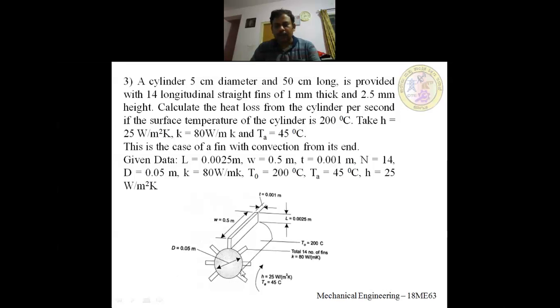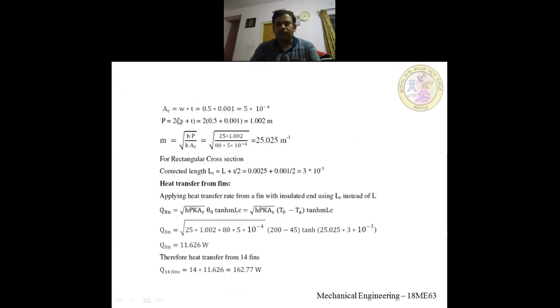Here I have shown very few fins, but there are 14 fins, with thermal conductivity 80 watts per meter Kelvin. The height of the fin becomes the length of the fin, and the length of the cylinder is the width of the fin. This you should understand.